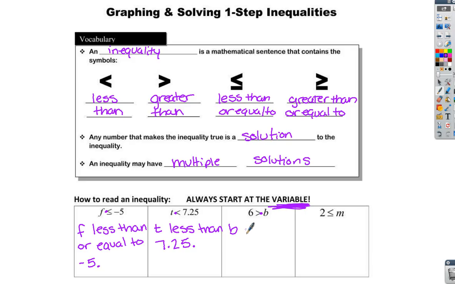So b is less than 6. And our last one, again, we're starting with that variable, so we're thinking about m, and which side of our sign is touching it, the little side or the big side, the greater side. And the big side is, so m is greater than, and it has that line underneath, so it's greater than or equal to 2.